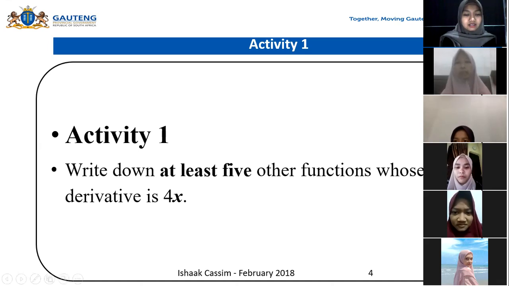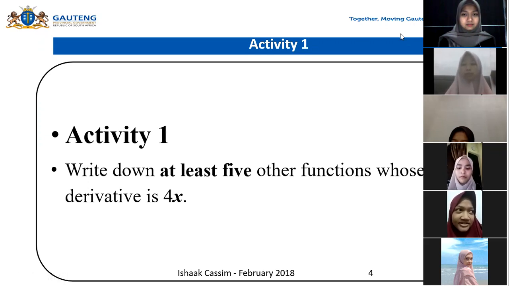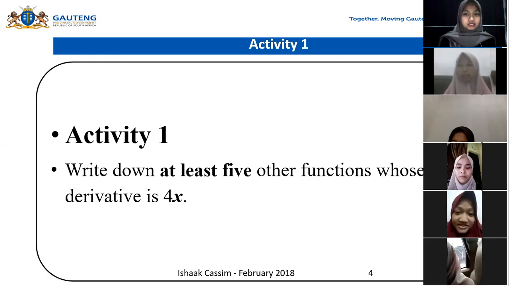Thanks, Ria. Does any of you have thoughts about Ria's example? Miss, I think the answer is not right, because for that function, the result must be 4 times x to the power of minus 3.